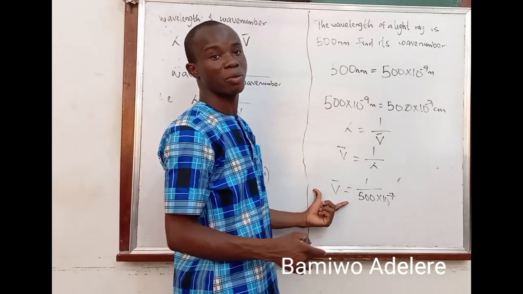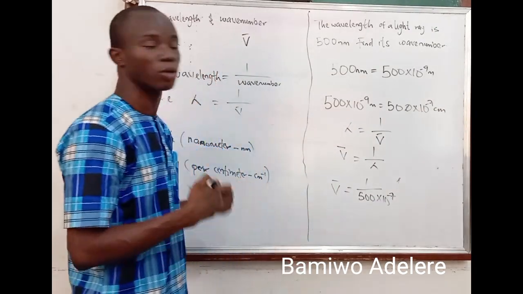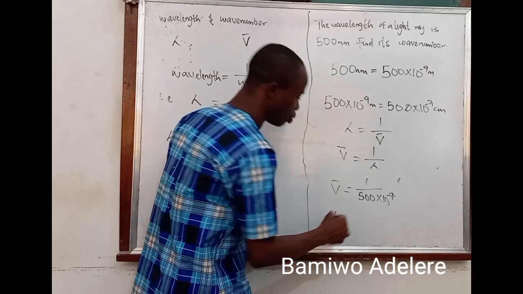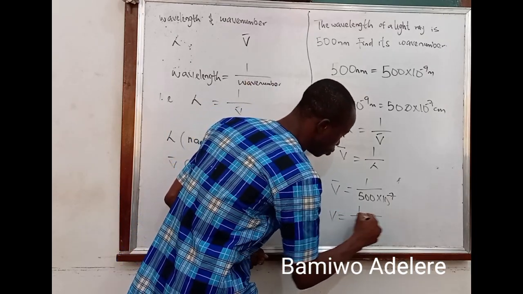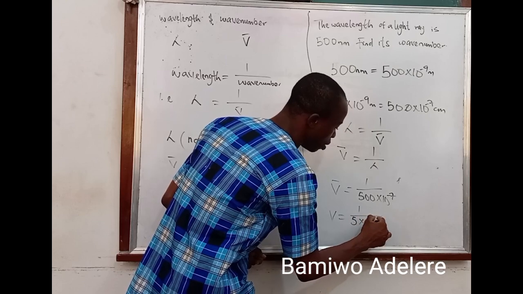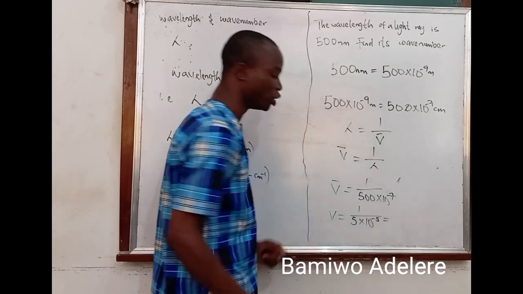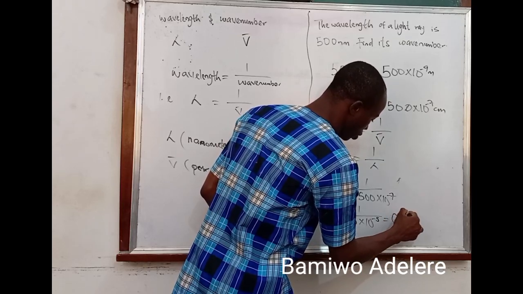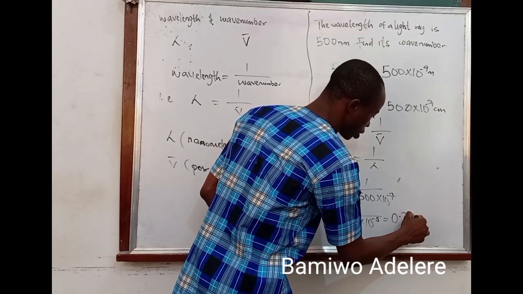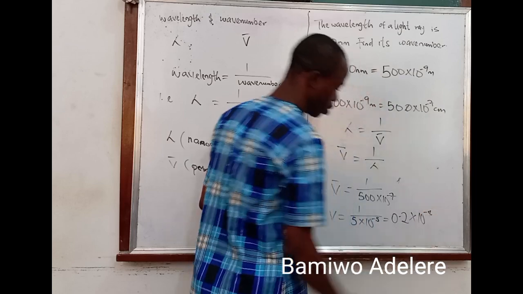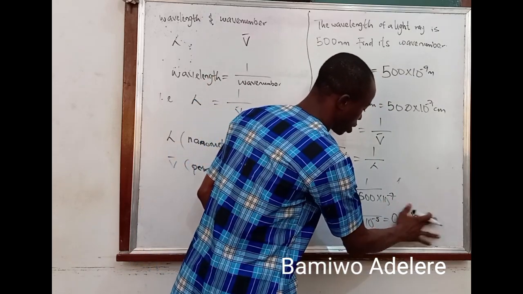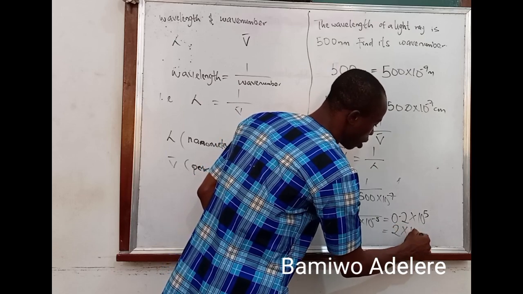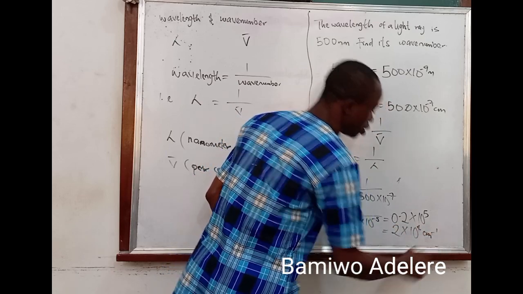So that by the time I get my wave number, the unit will directly be per centimeter. Therefore, my v bar will be equal to 1 over 5 times 10 to the power minus 5, which is equal to 0.2 times 10 to the power minus 4 times 10 to the power 5, and that will be equal to 2 times 10 to the power 4 per centimeter.